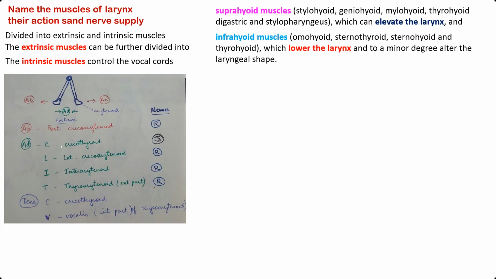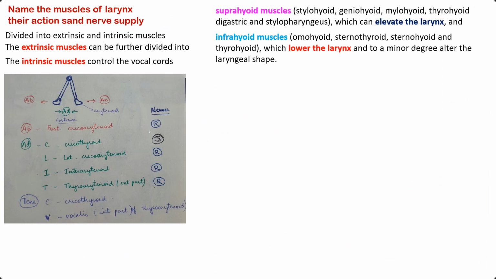All the four muscles are there to cause adduction only, that bring back the vocal cords to the midline or close the glottic opening. And there are two tensors which are mainly useful during phonation. Okay, so 1 plus 4, 5 plus 2, 7 muscles are there in the intrinsic muscles group.